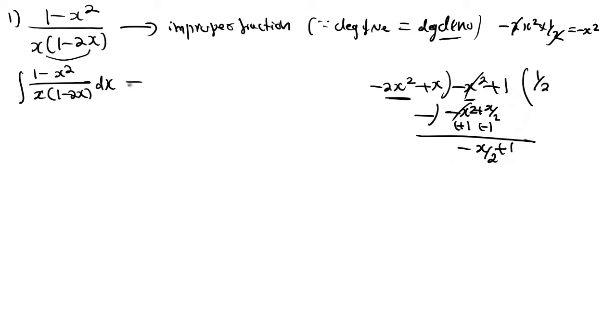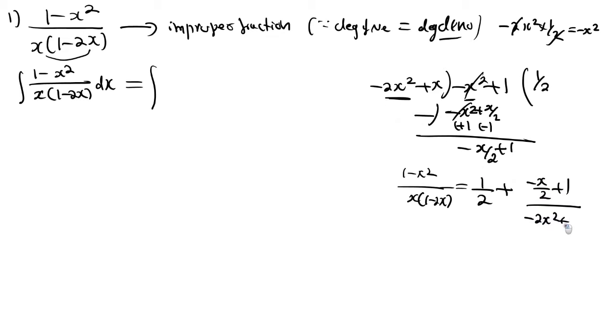Then you can write it as the integration of (1 minus x square) divided by x into (1 minus 2x), which is nothing but quotient 1 by 2 plus remainder. The remainder is minus x by 2 plus 1, divided by the divisor, that is minus 2x square plus x. Now write this one.